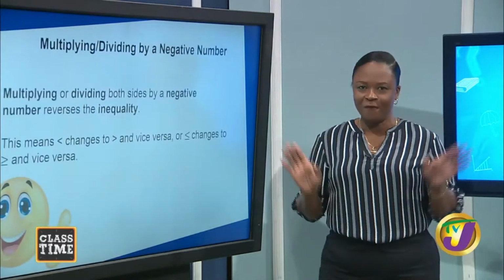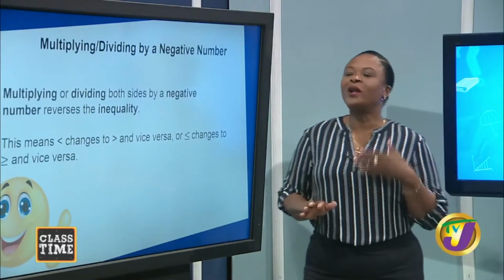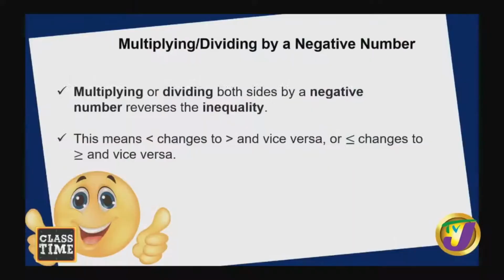Okay, therefore, when we are multiplying or dividing by a negative number, we need to bear this in mind. When multiplying or dividing both sides by a negative number, it reverses the inequality sign.